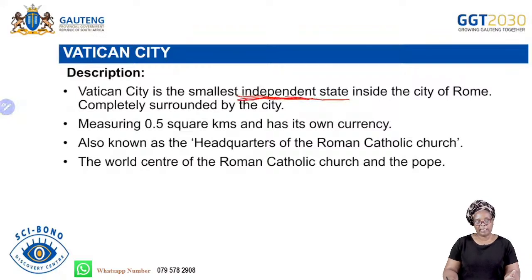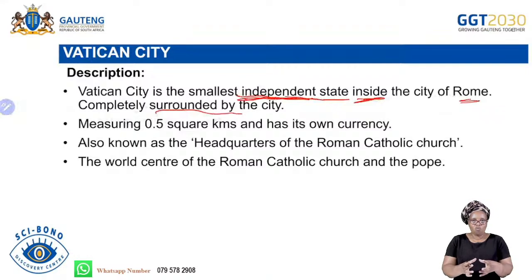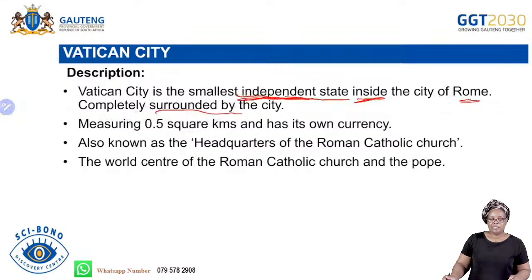When you say that it's an independent state, it means it's doing its own things, even though it is within the place. It is completely surrounded by the city. It is inside Rome, the smallest independent state.